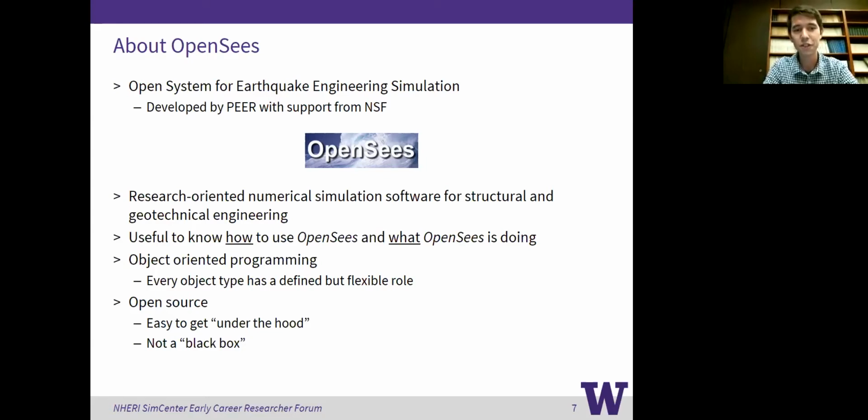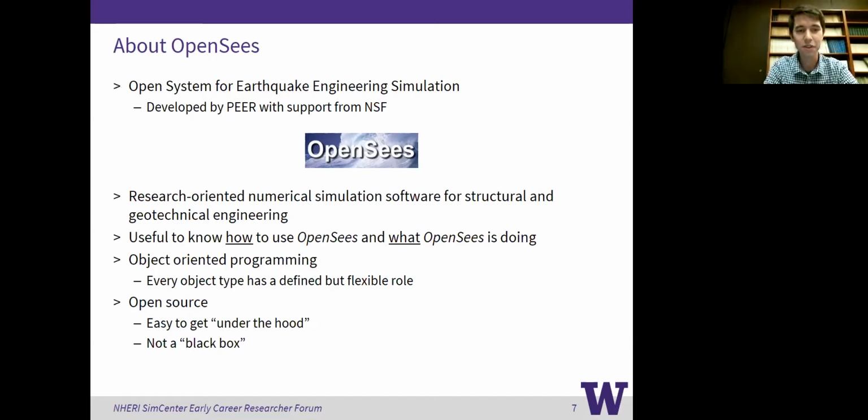Okay, and there's a couple fundamental principles to understand about how the OpenSees framework was developed. It uses object-oriented programming. So every object in OpenSees, whether it's an element or a material, a geometric transformation, whatever, it has a predefined role, but it's flexible, and you can add to those objects and manipulate them in different ways.